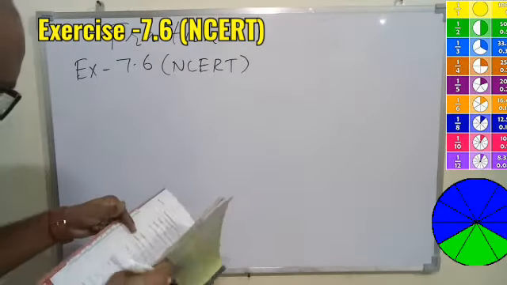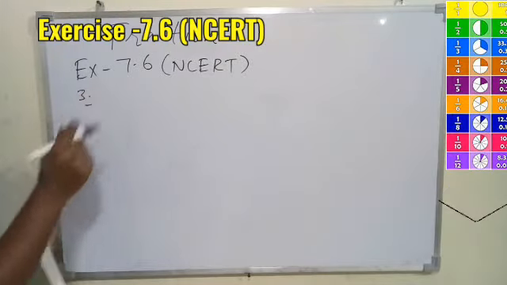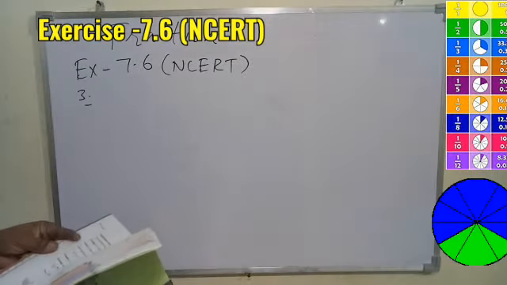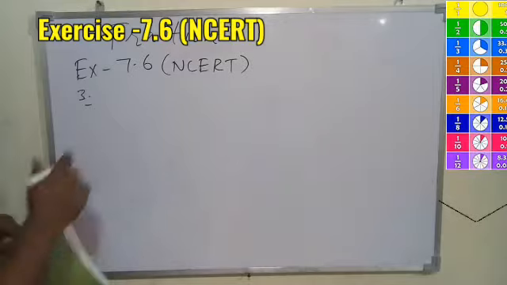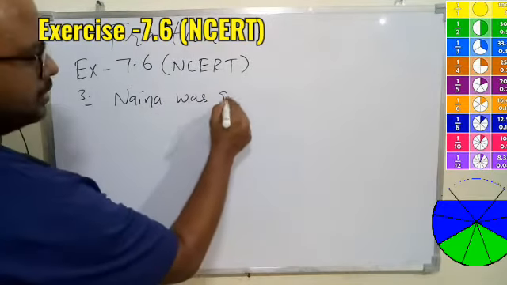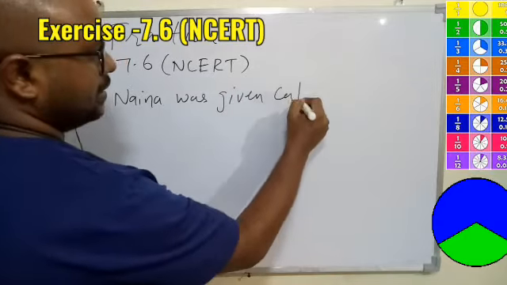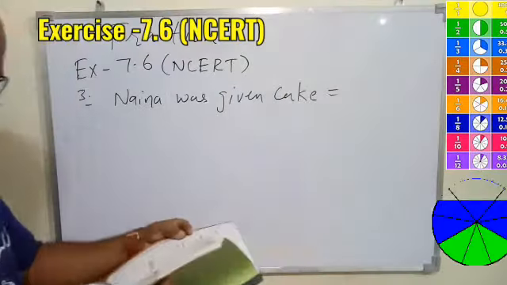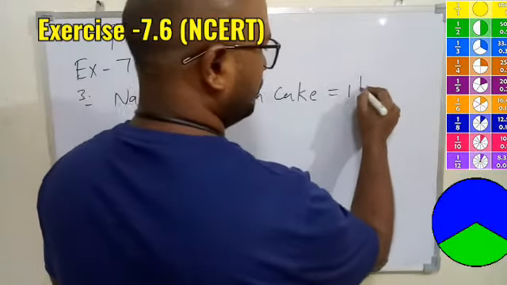So let me do one word problem. Question number 3. It says Naina was given 1 1/2 pieces of cake. So I'm not writing the statement properly. So Naina was given how much? Cake of 1 1/2.